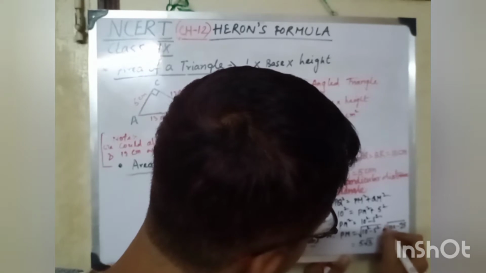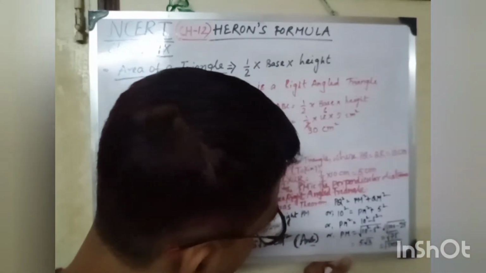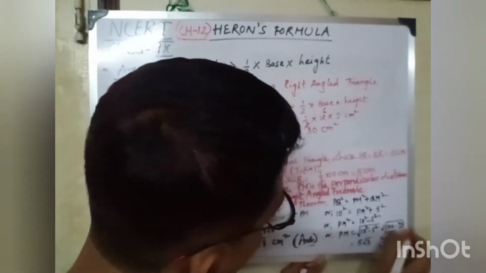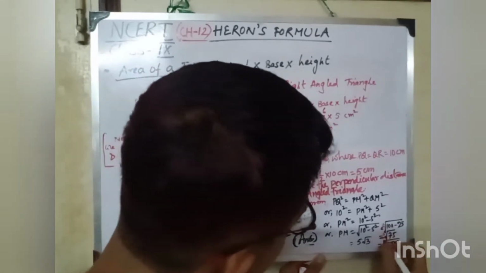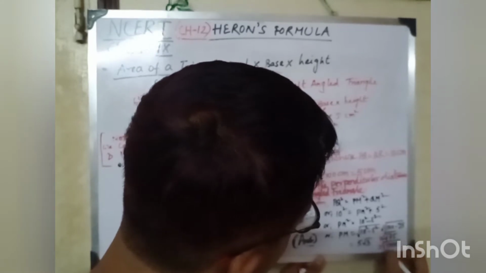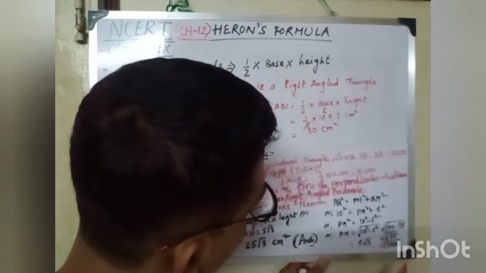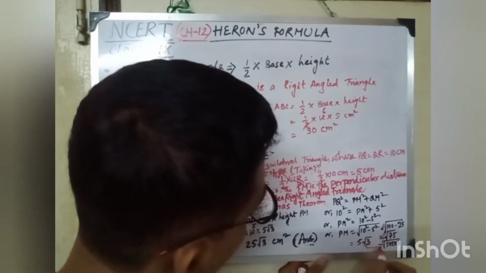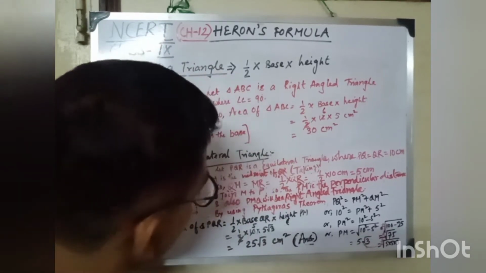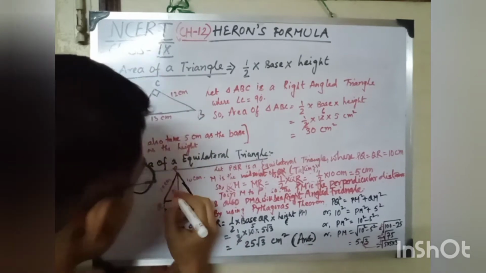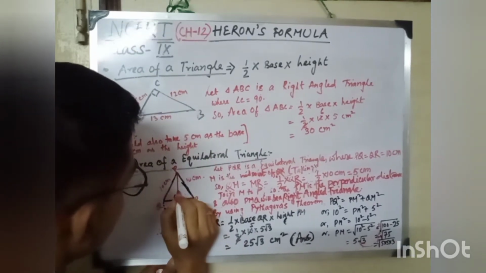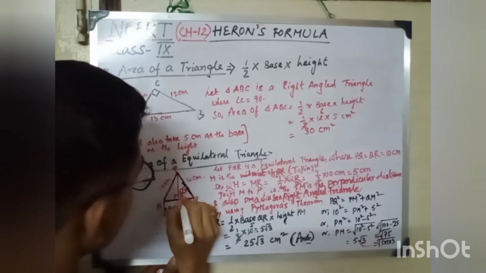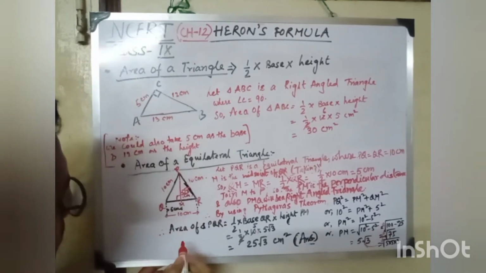Here we have to consider the plus minus sign. Plus minus root over 75, then plus minus root over 5 into 5 into 3, hence 5 root 3. PM is equal to 5 root 3. So we have determined PM as 5 root 3 centimeter.